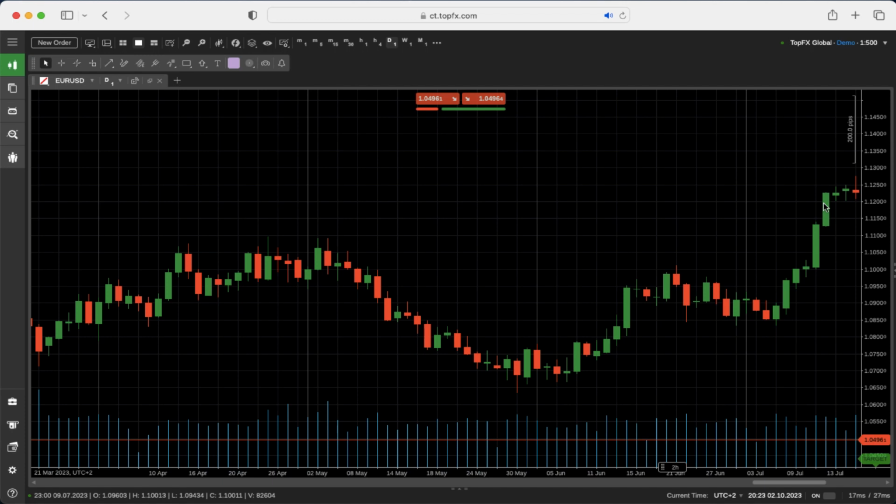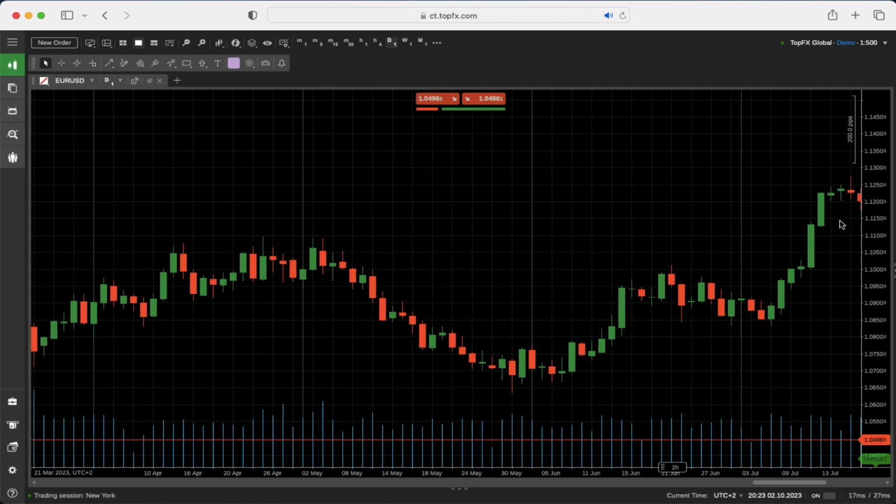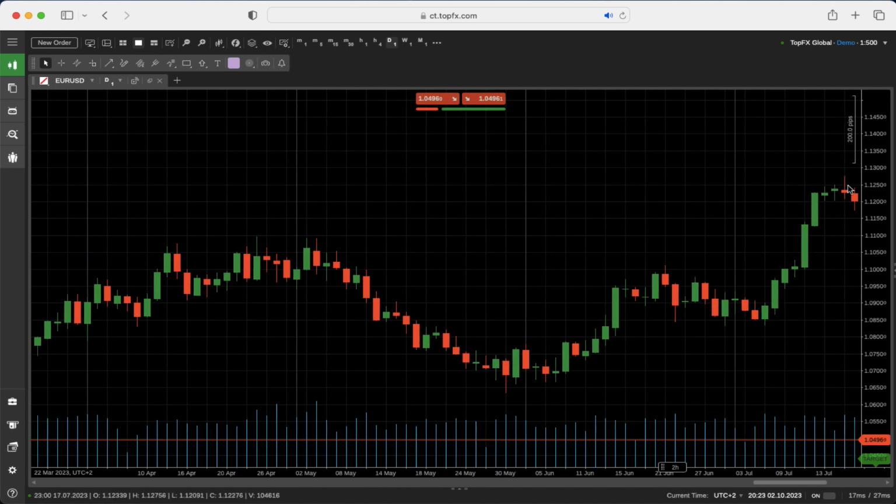So we got the uptrend in the background, and this is kind of an indication or a warning sign saying, hey trader, there is a possibility that the preceding trend, which is to the upside, is about to change. So the next day, this is what we see. We see the down movement here.